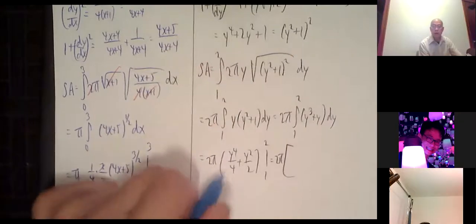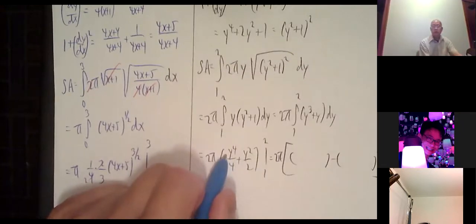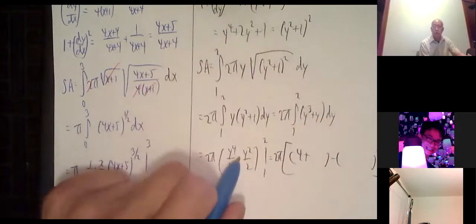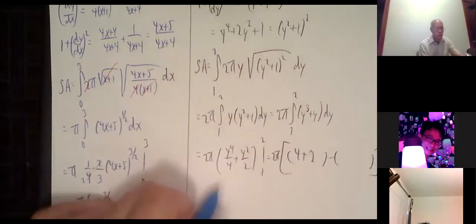Equals 2 pi times (upper limit) minus (lower limit). Plug in 2: 2 to the 4th is 16, 16 divided by 4 is 4. 2 squared is 4, 4 divided by 2 is 2.